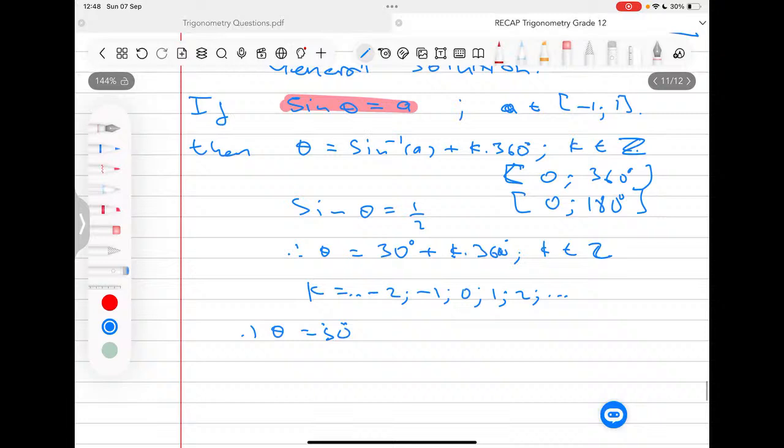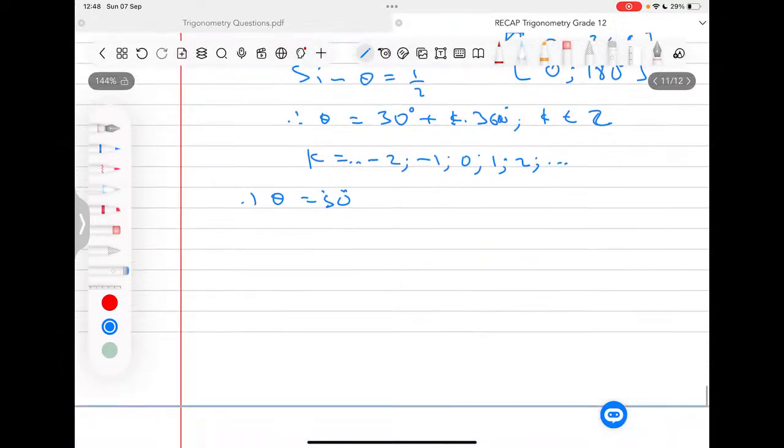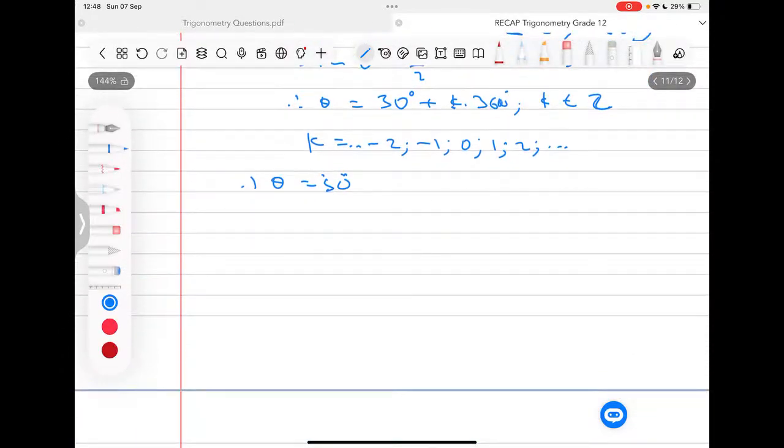So this is when you are dealing with sine theta or a sine graph. You also can have a situation where you are dealing with a cos graph, right? So this is when you're having cos theta equal to a, and again, we said a should be an element of -1 to 1, because that is the range for your function.